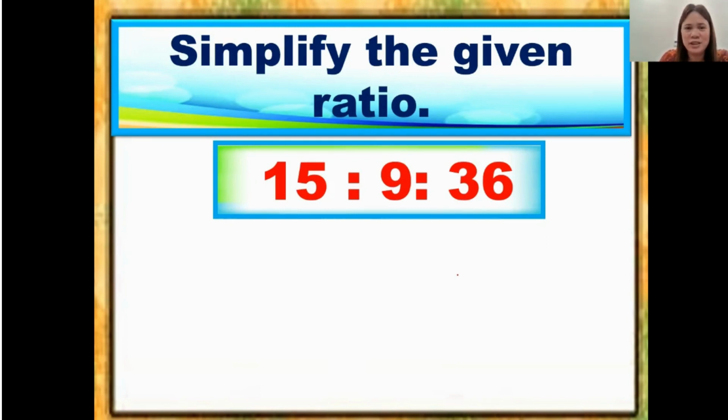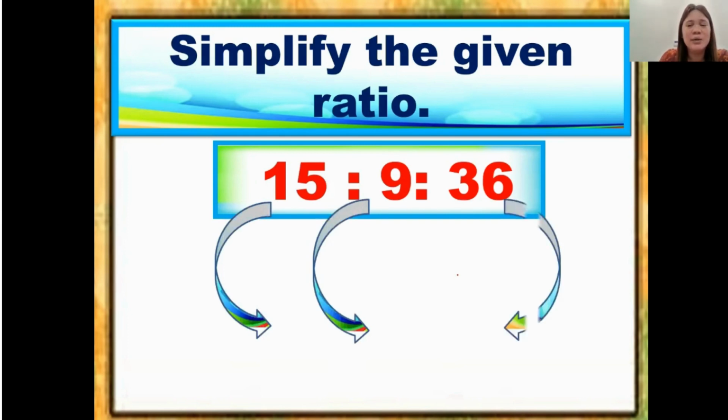You can pause the video if you need more time, year 8. Let's check your answer. So what is the highest common factor? We can divide 15, 9, and 36 by 3. It should be common to each of the numbers. So 15 divided by 3, 9 divided by 3, and 36 divided by 3.